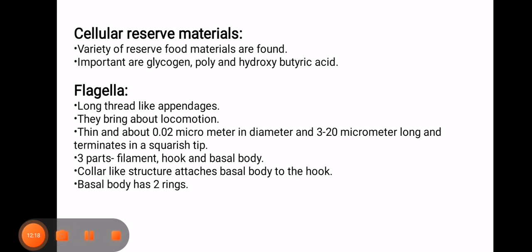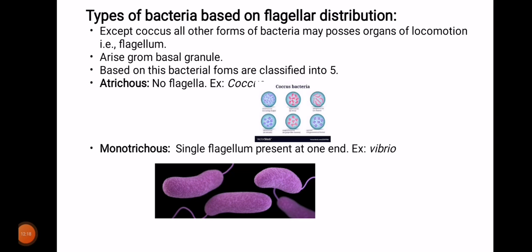So, this is about the ultrastructure of bacteria. The next one is types of bacteria based on flagellar distribution. On the basis of the position of the flagella, the bacteria are divided into 5 types.